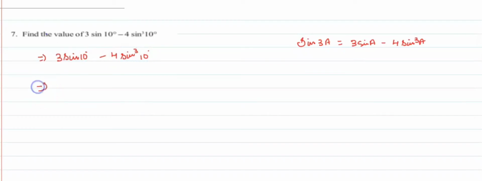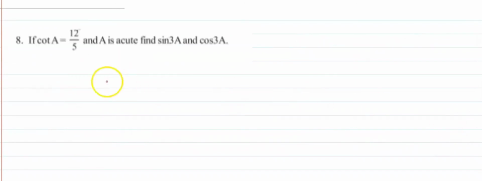So I can write it as sin 3A, where A is 10 degree. So 3 into 10 is 30 degree. Sin 30 degree is a standard value. Sin 30 is 1 over 2. Hope you understood. Next question.